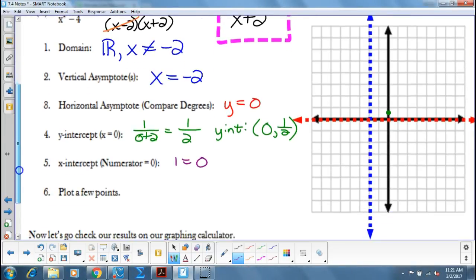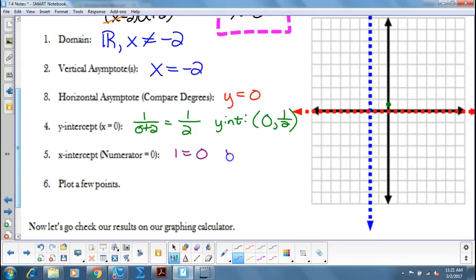Not at least in my world it can't. So I don't have an x-intercept. So I would just put none there. So it's not going to cross my x-axis. And that's important.